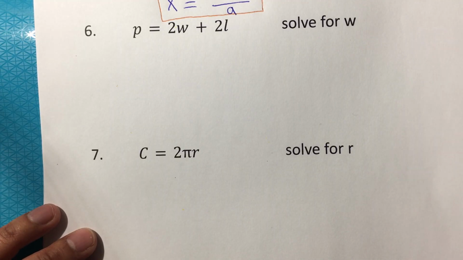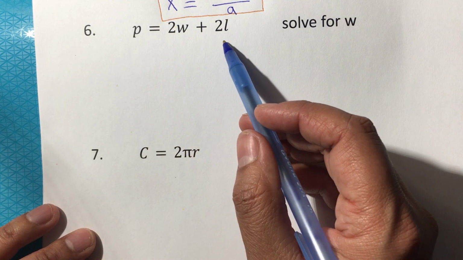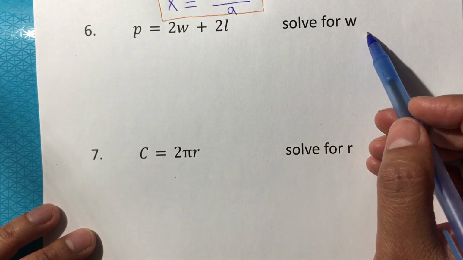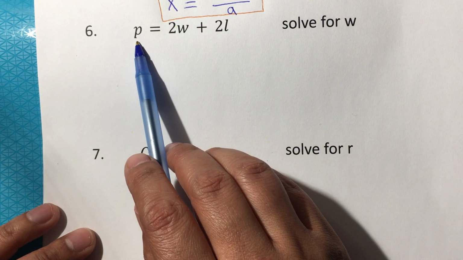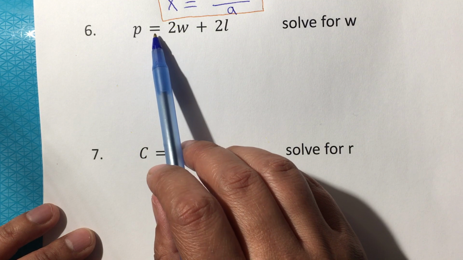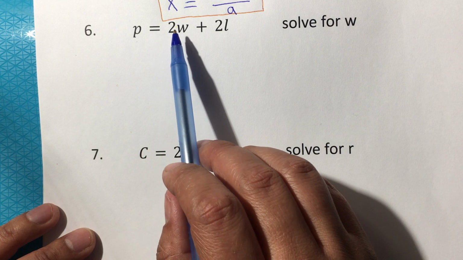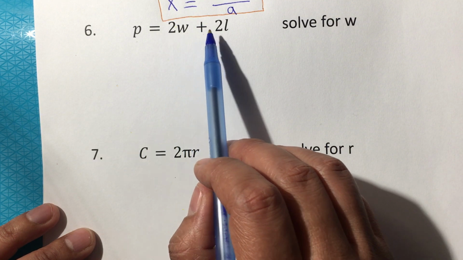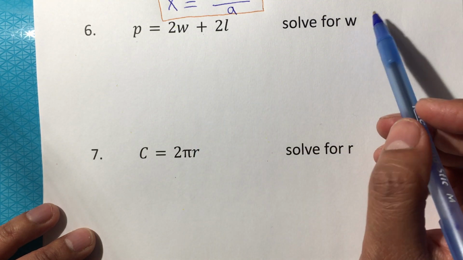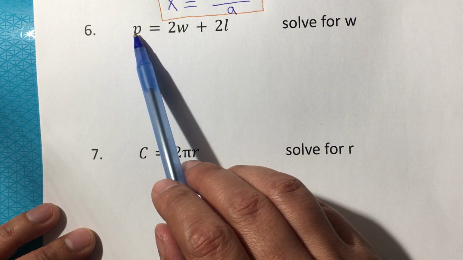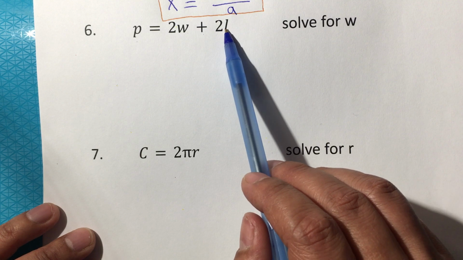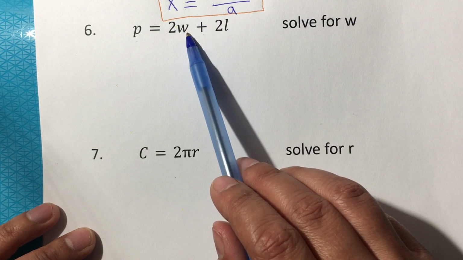For the next one, we have p equals 2w plus 2l. Solve for w. So in here, this p stands for perimeter. And the perimeter of a rectangle is always 2 widths plus 2 lengths. Let's say they're giving you the perimeter and the length, and we have to find the width.